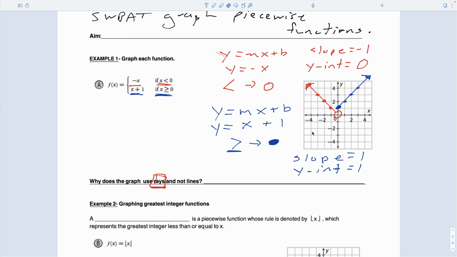Let's get thoughts. Raise your hand if you have an idea to start us off. When you have a function like this, remember back in 8th grade or 7th grade for you guys, we did this thing called the vertical line test.